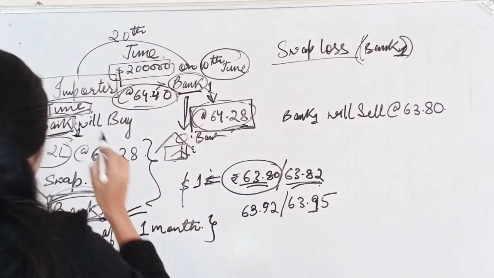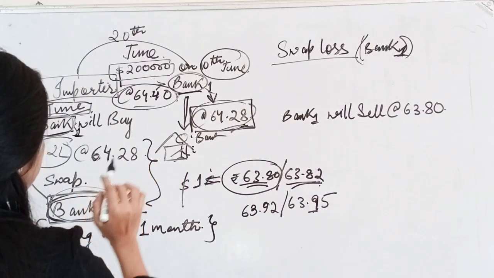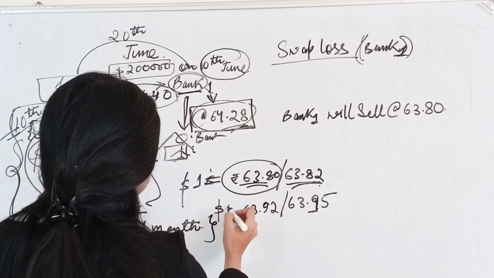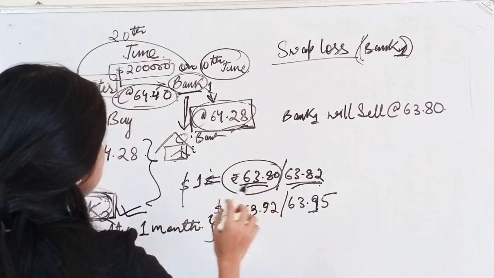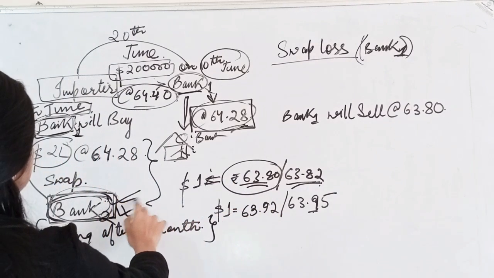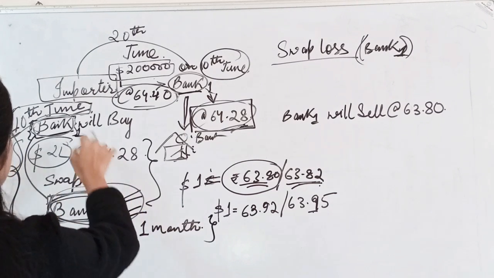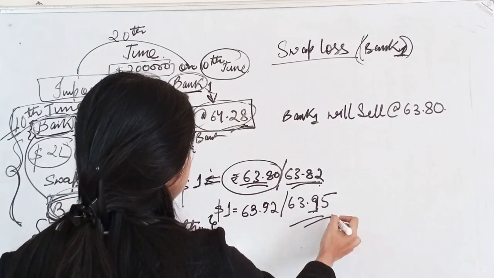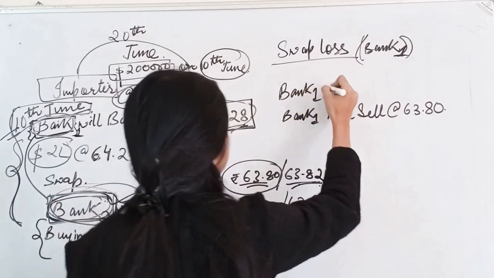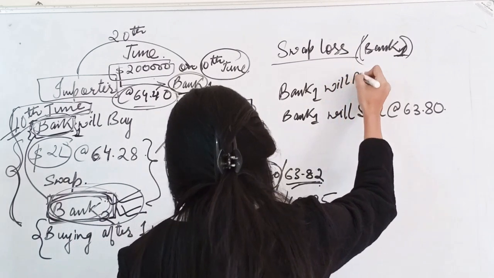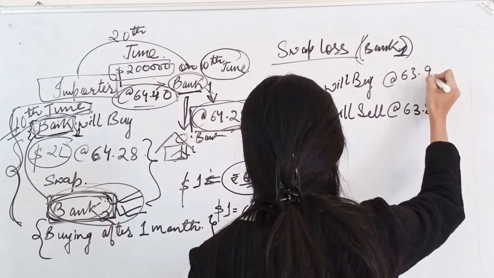Fine. So bank 1 has to buy back the $2 lakh from bank 2. Again the rate will be from the point of view of bank 2. So bank 2 wants to sell it to bank 1 at the higher rate, 63.95. So bank 1 will buy at the rate 63.95.